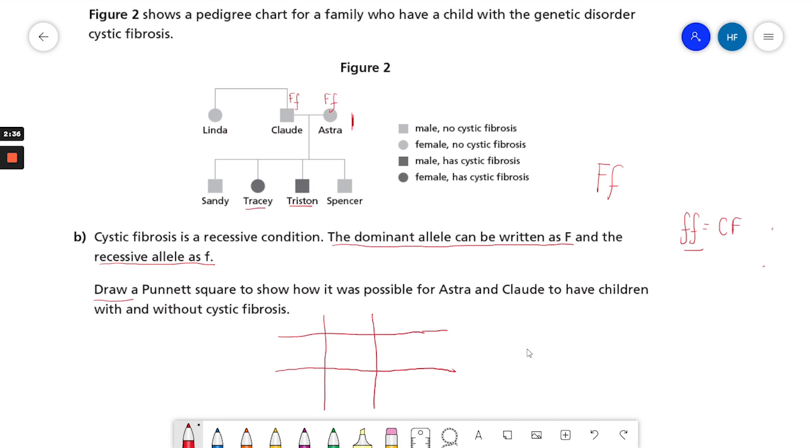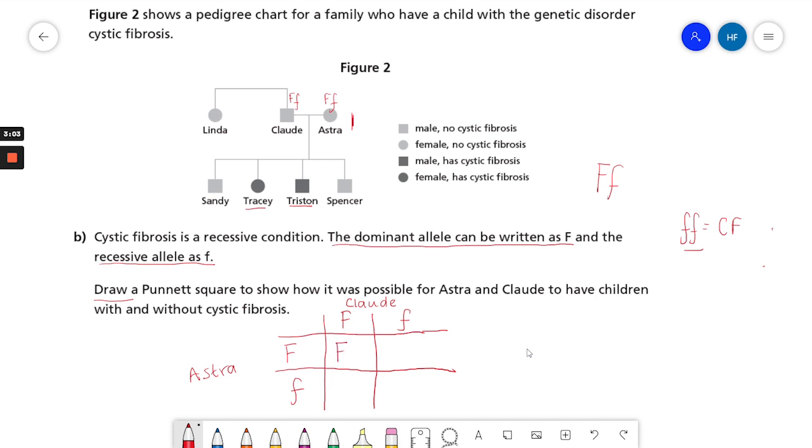I'm going to put over here the genotype for Claude, and then over here I'll put the genotype for Astra. So we know that Claude and Astra both have the same genotype, so it's a big F and then a little f. Astra's the same, big F and the little f. So now we just need to complete the Punnett square.